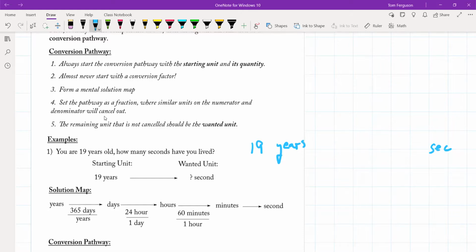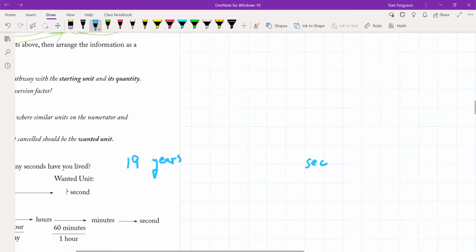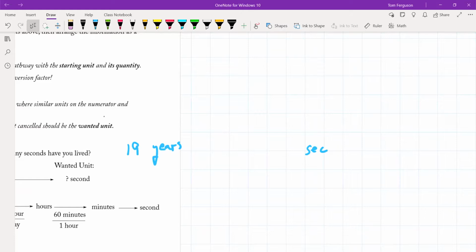Okay, so the deal is, do you know of a conversion factor to go from years to seconds? I personally don't, but I do know some intermediate conversion factors that have years in them and that have seconds in them. There are 60 seconds per minute. There are 60 minutes per hour.